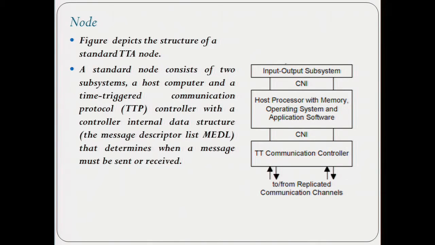So a standard node consists of two subsystems, a host computer and a time-triggered communication protocol, that we saw there. And the information that is stored in the communication controller is an internal data structure called the message descriptor list. And the message descriptor list describes which systems you need to communicate to.